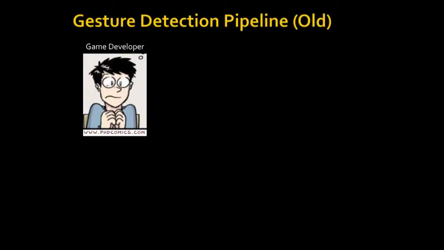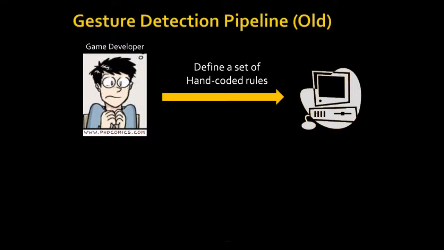So how this was done earlier by game developers was, here's a game developer, and he wants to, say, detect the action punch, right? Now what they would do is they would say, let's see this point on the hand, and if it is moving with some velocity, I will call it a punch. So you define a set of if-then statements, and you hand code these rules and build a system.